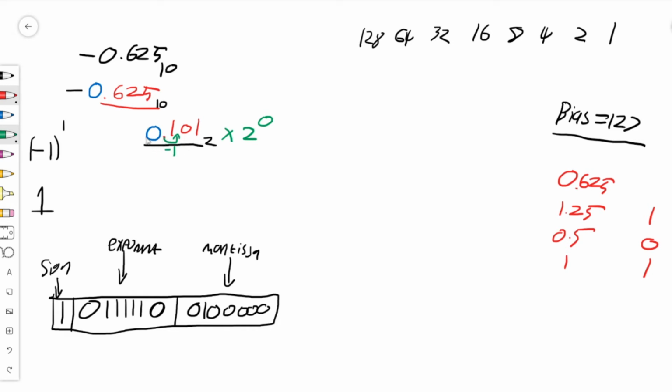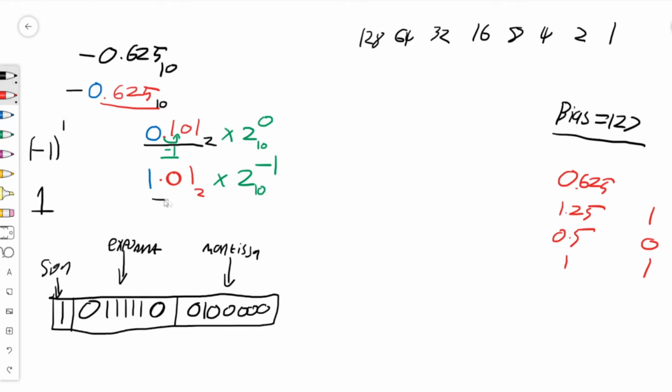If we were hopping to the left, it would be positive. This leaves us with a new number. Let's write our new number out. 1.01, and this would be represented as times 2 in base 10 to the power of this number, so times 2 to the power of minus 1.